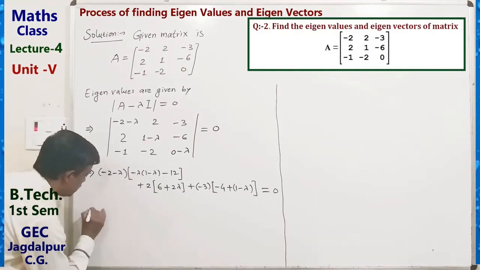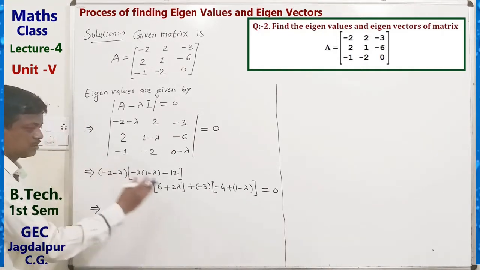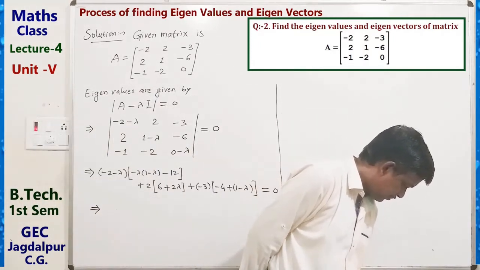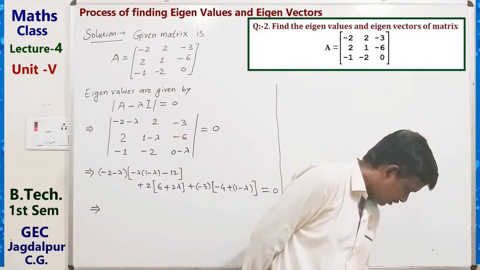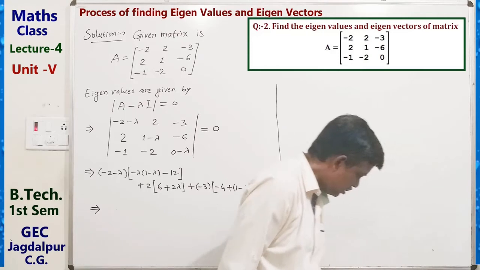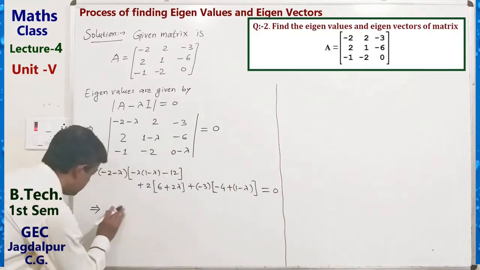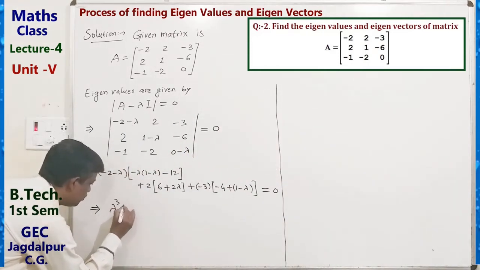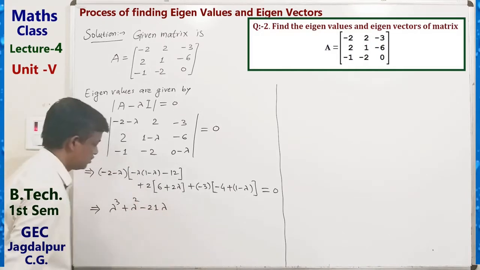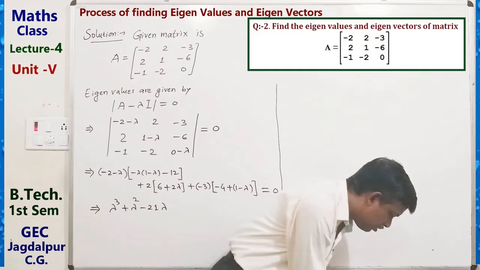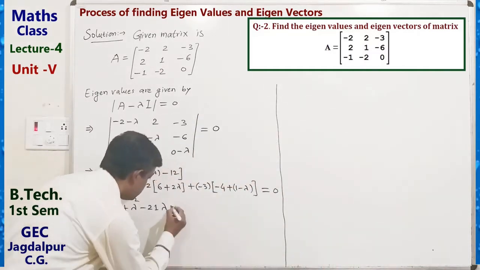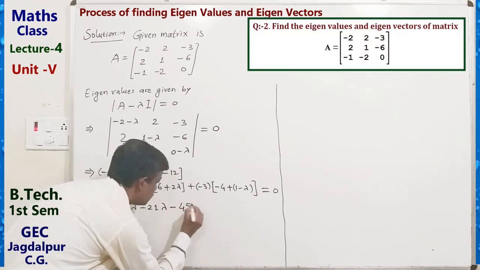Now, just after simplifying it, you can get lambda cube plus lambda square minus 21 lambda minus 45 equals 0.